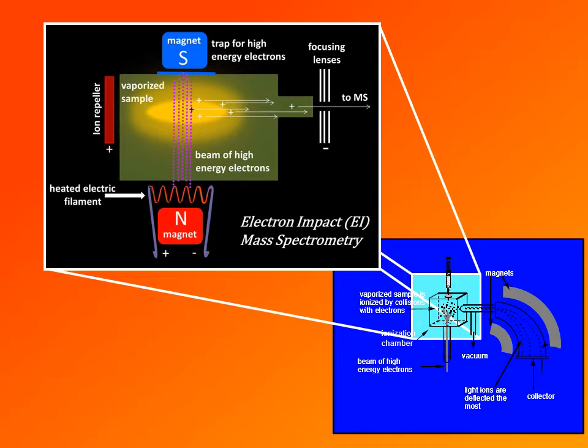So they enter the magnetic field where they are deflected. This is actually a schematic representation of an older instrument, because these days we usually don't use magnets. We use what are called TOF, time-of-flight instruments, where the time of flight of individual ions is measured. Such instruments are much less expensive and much smaller compared to older magnet-based mass spectrometers.